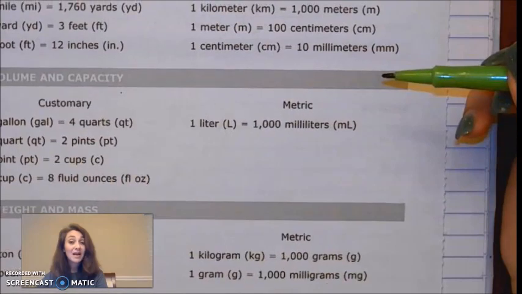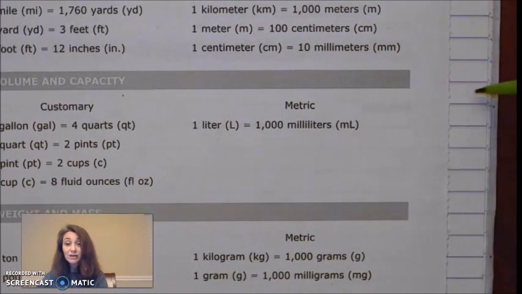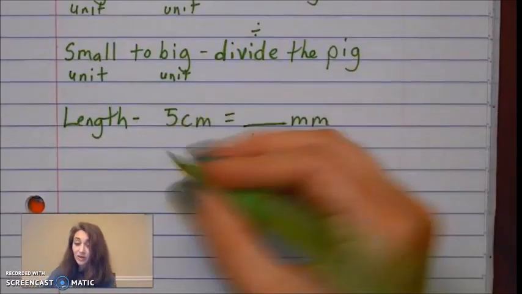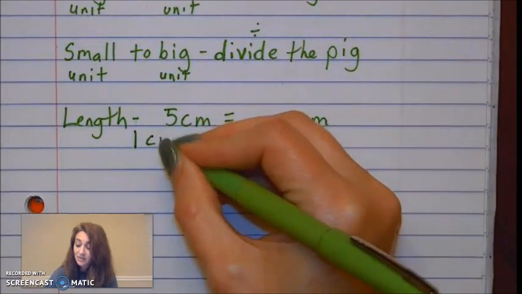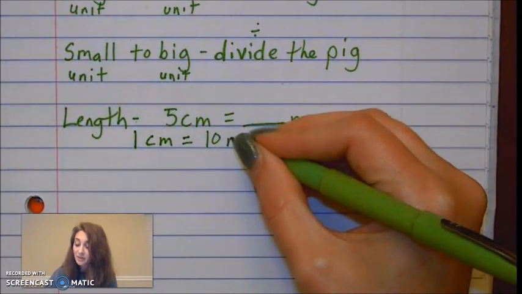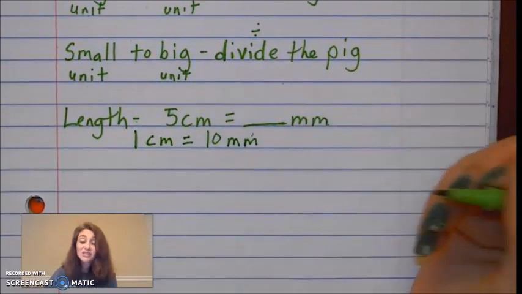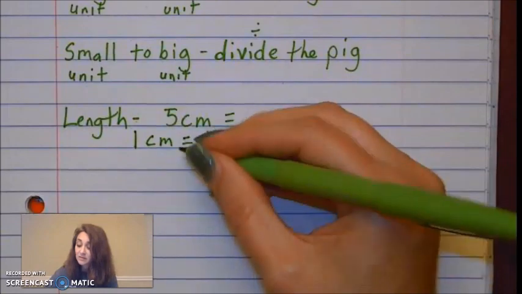And if you look back at your length page in your math journal, when we went in order from small to big, millimeters is at the top, so we know it's the smallest. So we're going to make a little chart. 1 centimeter equals 10 millimeters. That's just the information that we took off of our reference materials.